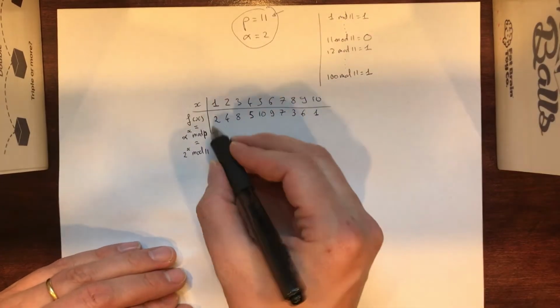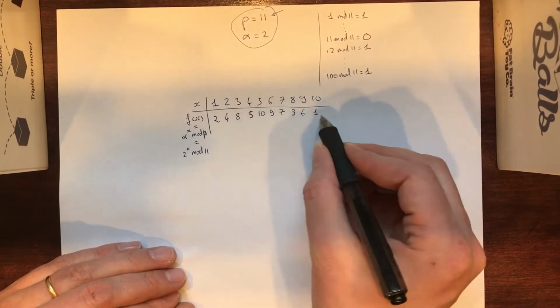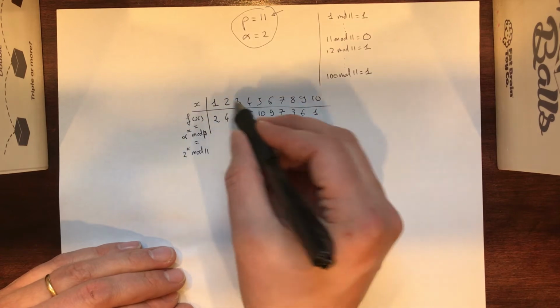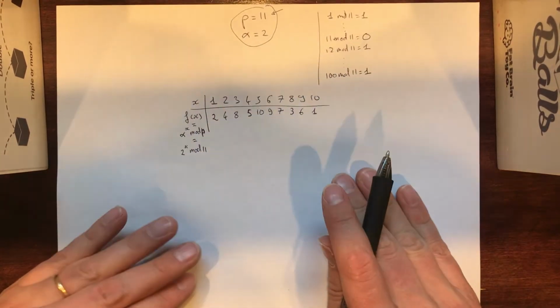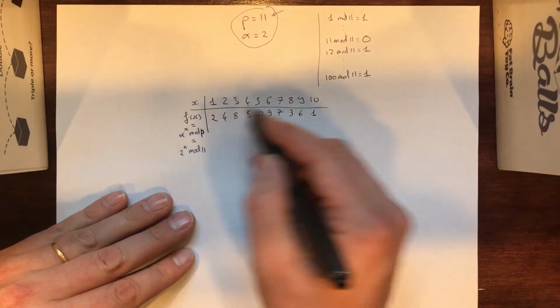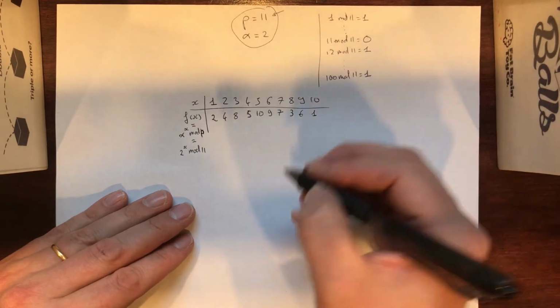And so 2 is a generator because basically from 1 to 10, I get all the numbers from 1 to 10, associated with something that looks random, with the initial numbers in different places, except the 7, which is at the same place.